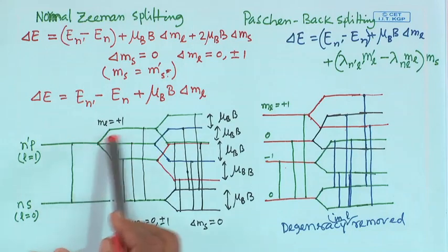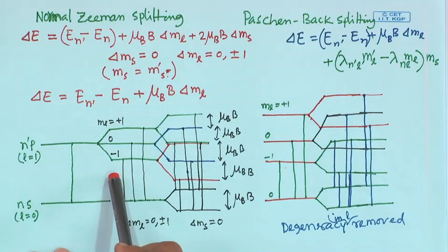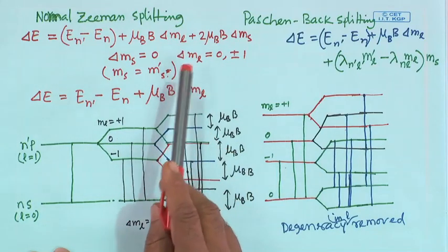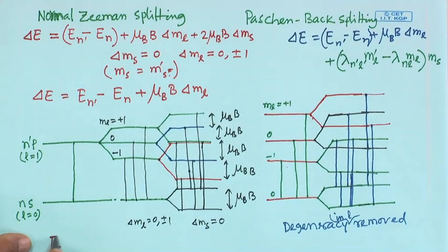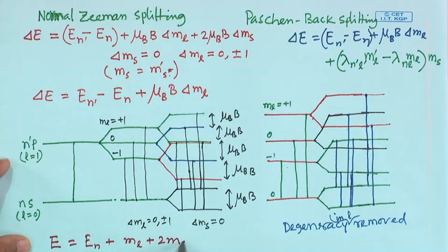So, m_l will be plus 1, 0, minus 1. Now, I think I should write what the energy is: E equals E n plus m_l plus 2 m_s, and then μB.